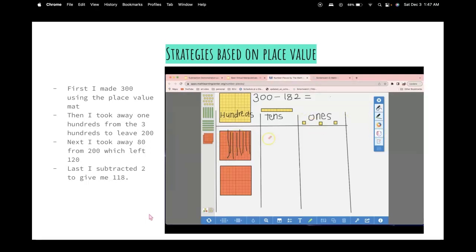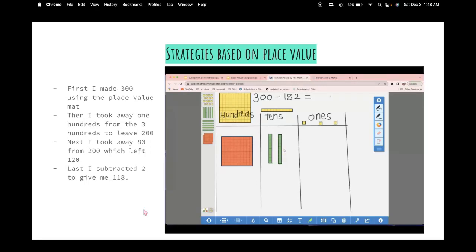So I'm going to delete the 100 board and make 2 tens and put them in the tens place. Now I have 120 left.